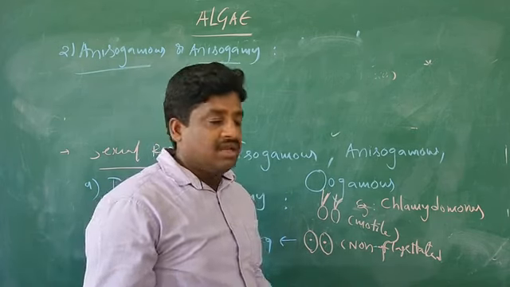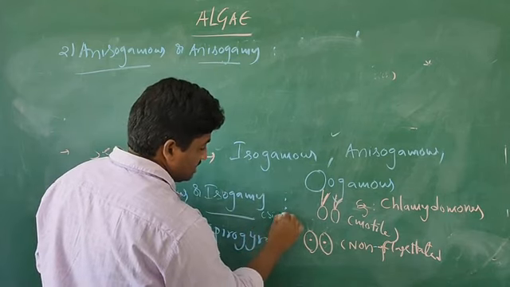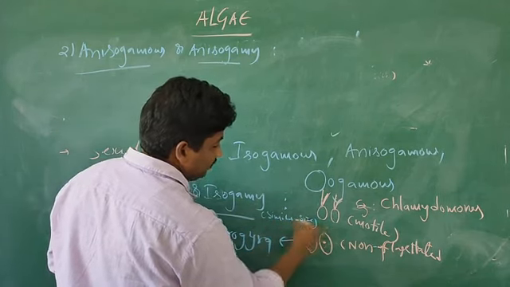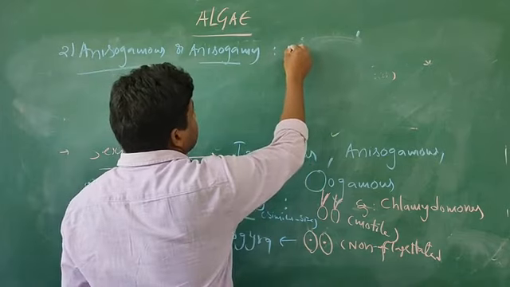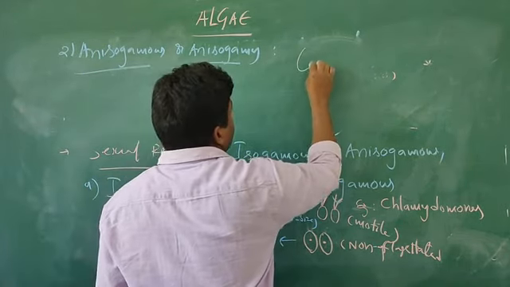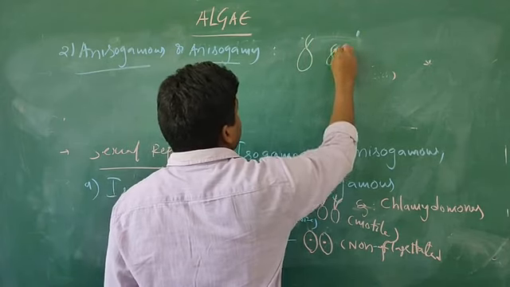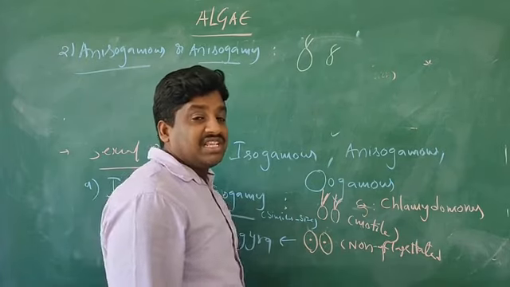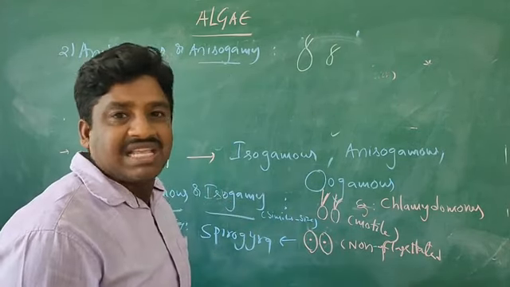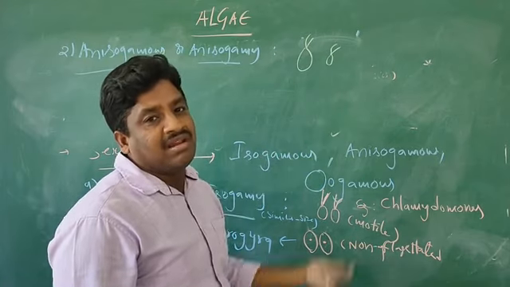Here similar in size, but here dissimilar in size. Dissimilar in size means one gamete may be bigger and another gamete is very small, not the same size. So one of them may be male, another one may be female.